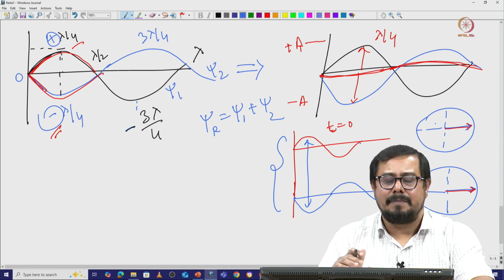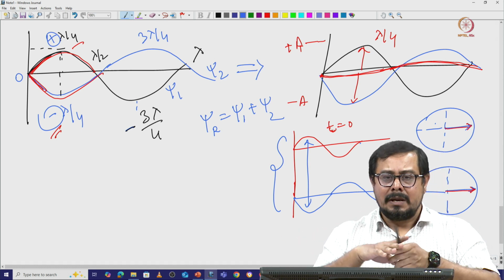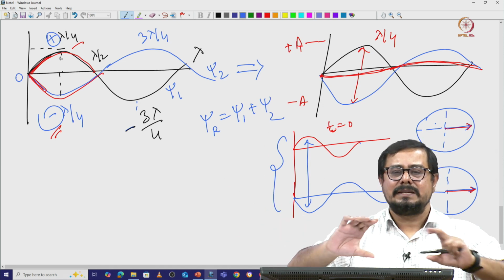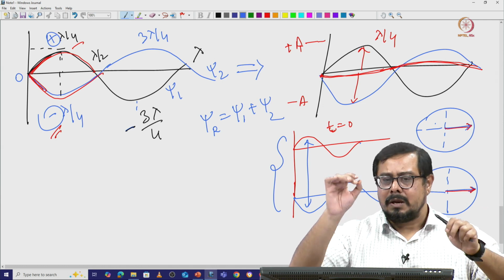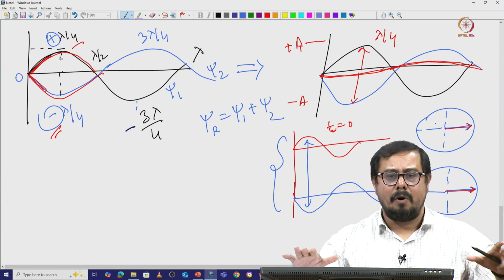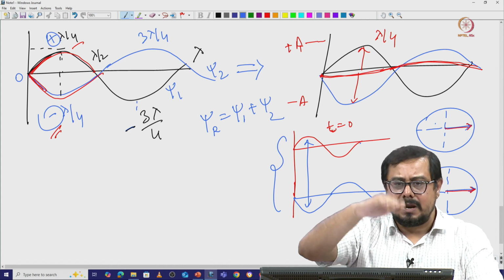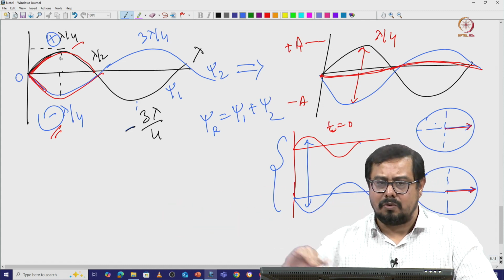So, same example again, if we are standing in front of a sea beach, multiple small waves are coming. If there is no big wave, we can see only the small waves, multiple waves coming. Or in front of a pond or lake, we just throw a stone, what will happen? There will be a ripple, that wave will go outward.